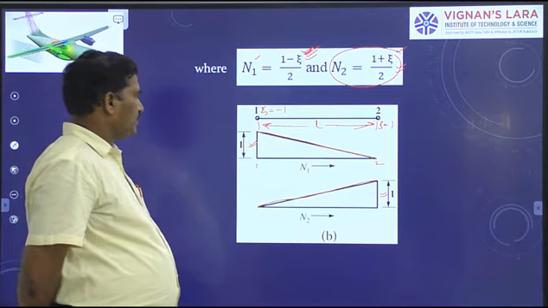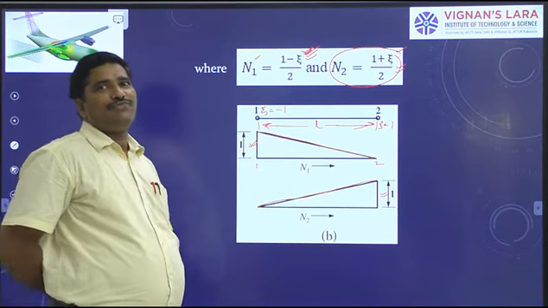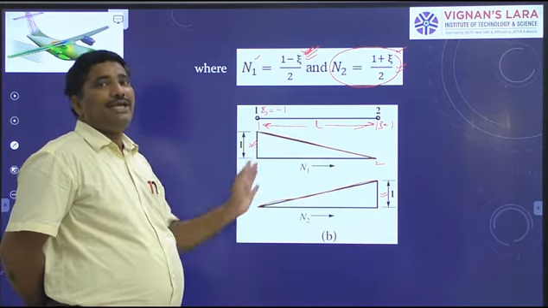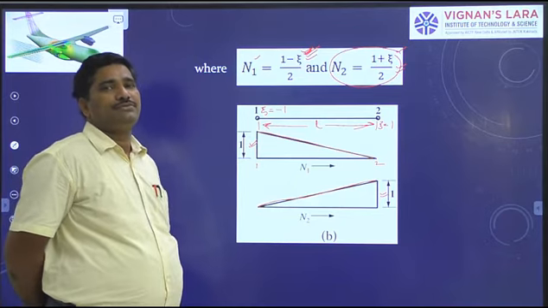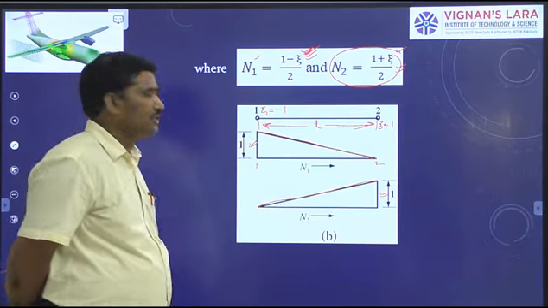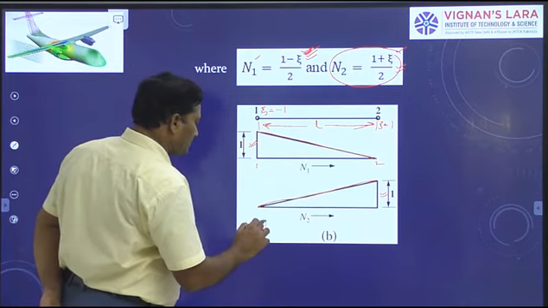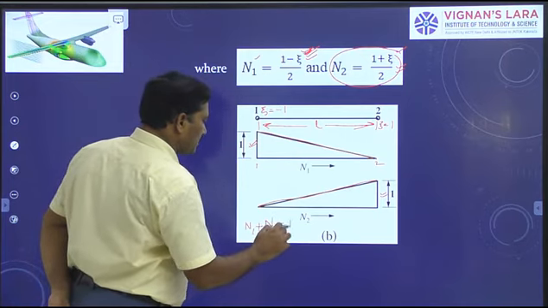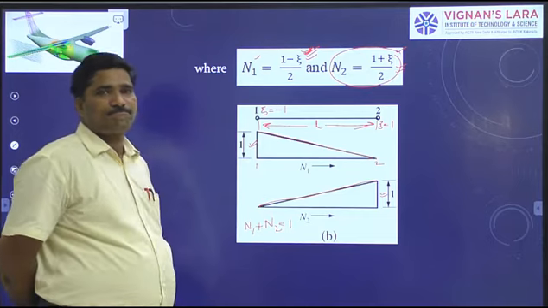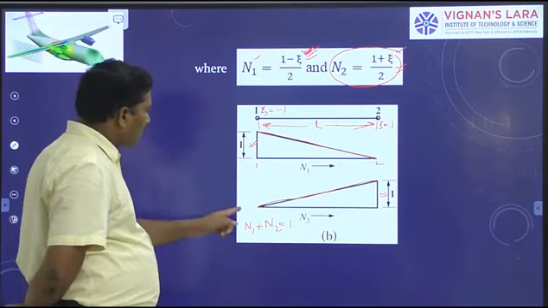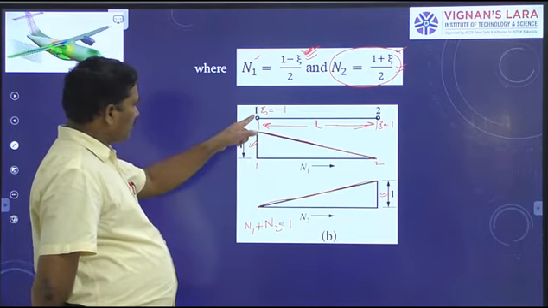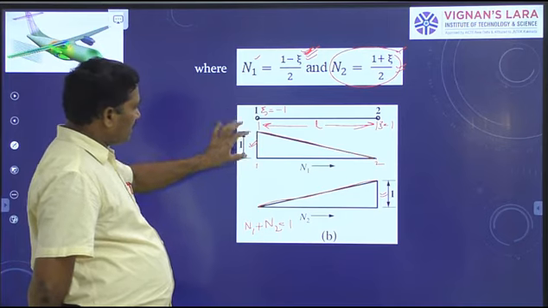Now, what is the sum of the shape functions at each point on the element? Unity. We know that the sum of the shape functions is unity. At node 1, n1 is unity and n2 is 0.